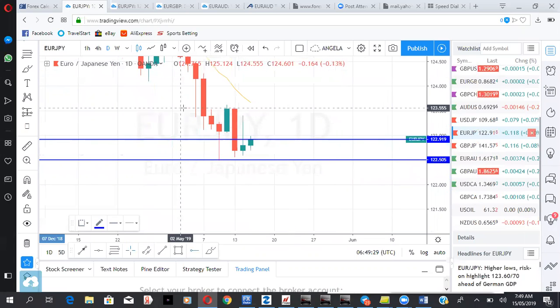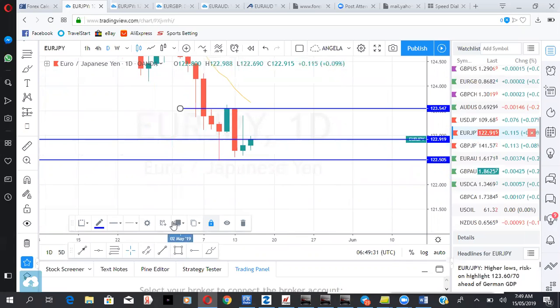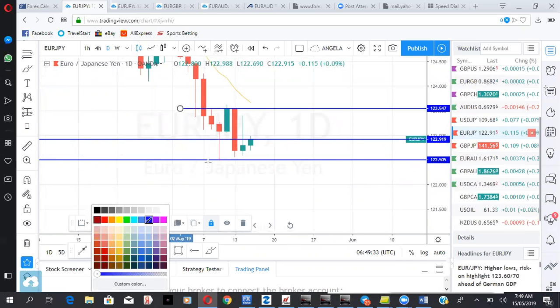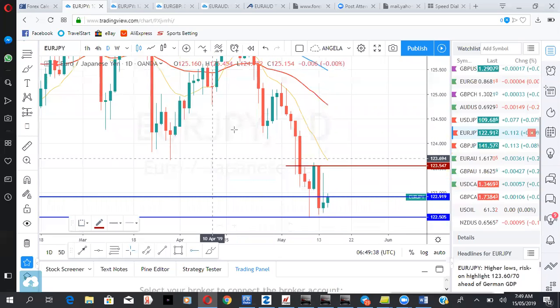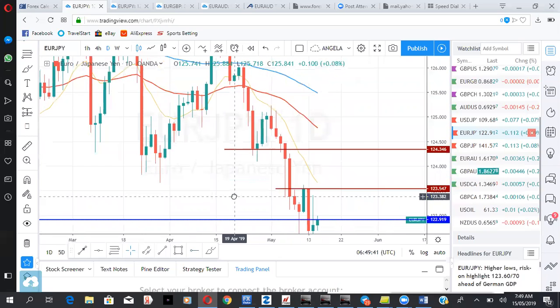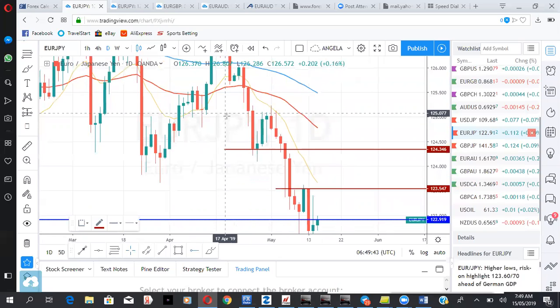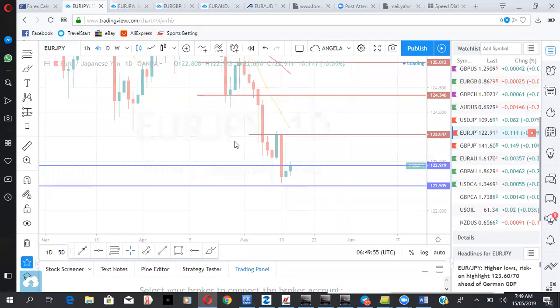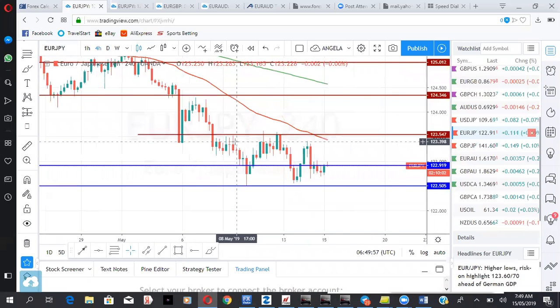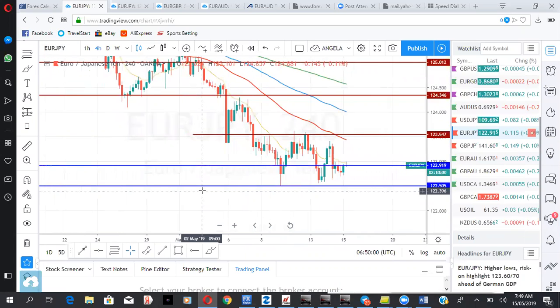The open price of this candle is the first level of resistance, while the second level of resistance comes in here, and the third level comes in somewhere here. So that's it for the Euro Yen. We might see a bit of a pullback to the upside, but this pair is in a downtrend for now.